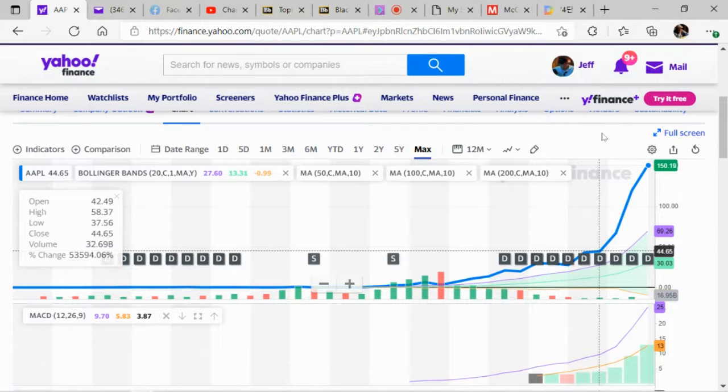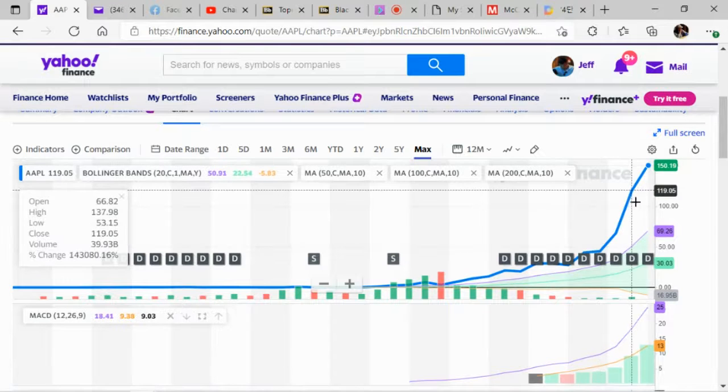So if it is 8 to 1, if I didn't sell, from 10 shares I would have had 80 shares. Well, of course, the total value would be the same because you're just dividing it.